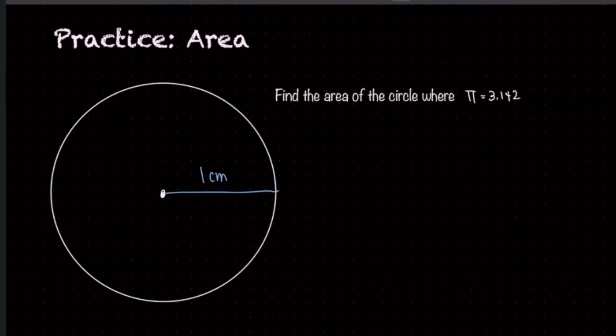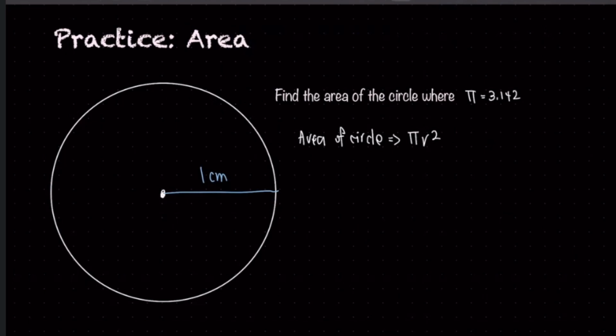Now let's find the area of a circle where pi is 3.142. So here we have the radius, which is 1 cm. So first things first, let's write the formula for area. Area of circle, pi r square.